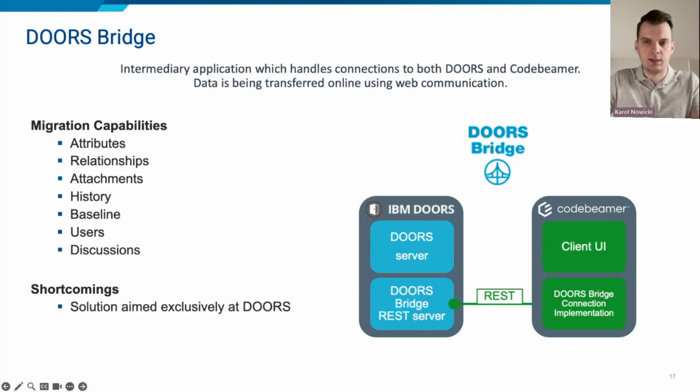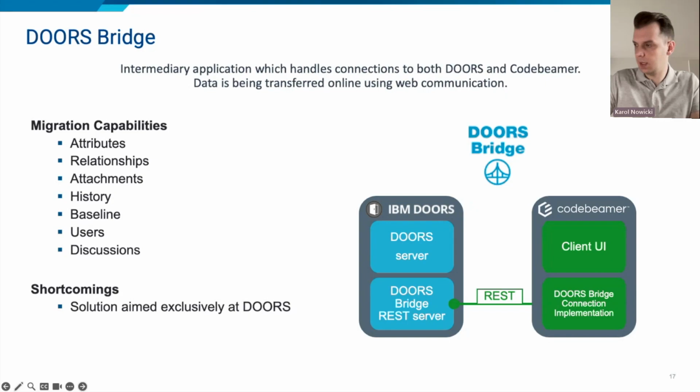It's owned currently by PTC. The tool is divided into 2 parts. One of them should be installed on the machine where the Doors server is, and it just provides a REST API for Doors, which doesn't exist out of the box in Doors.